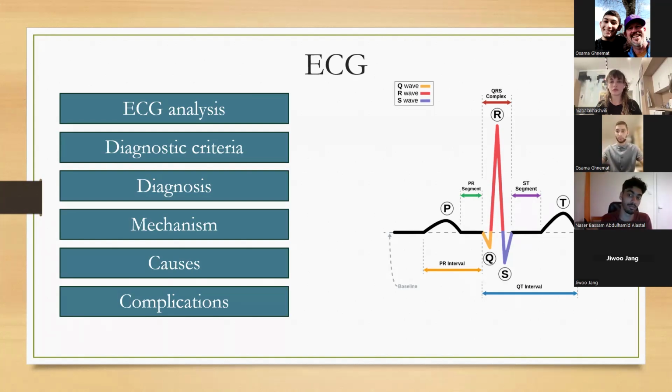This slide right here is very useful for your ECG competition, so you can use this very thoroughly. And again, just use it methodically. Work step by step: diagnosis, mechanism, causes, complications, so you don't get lost. And this applies for every ECG part. So remember.